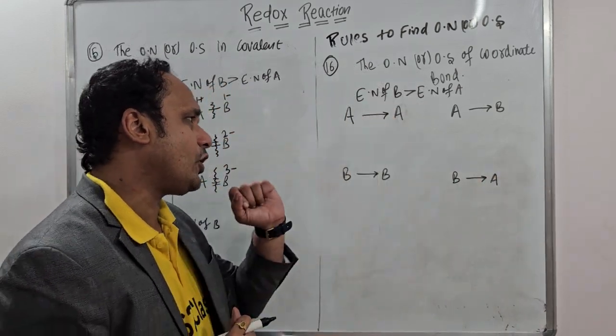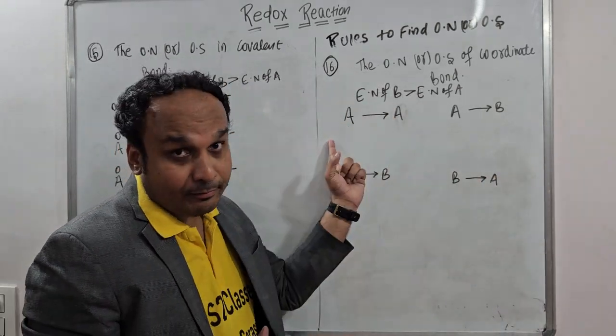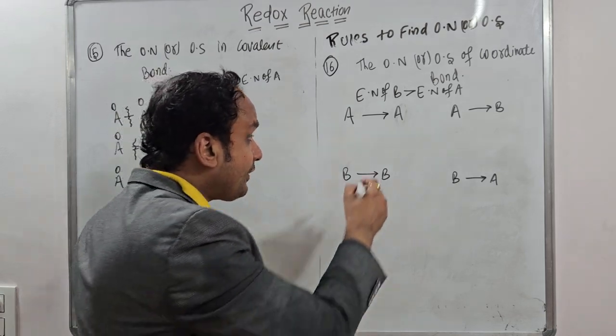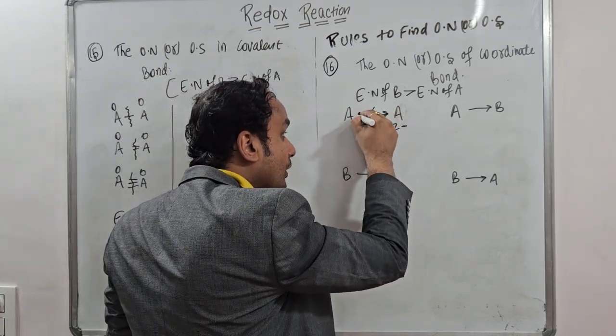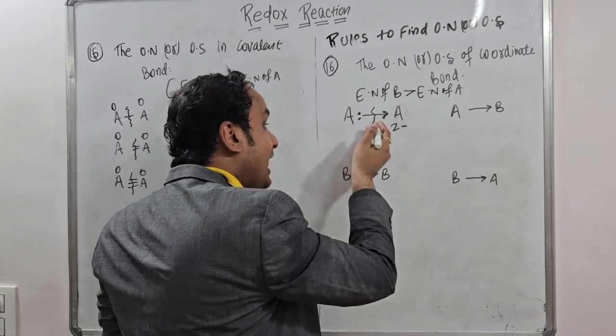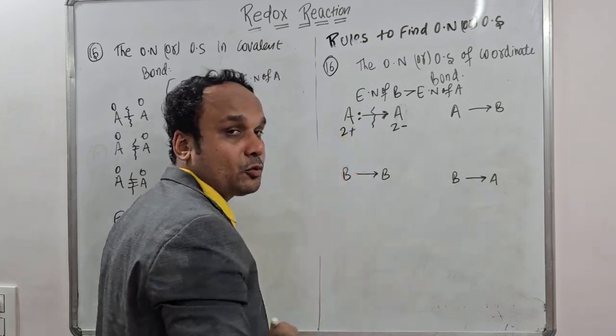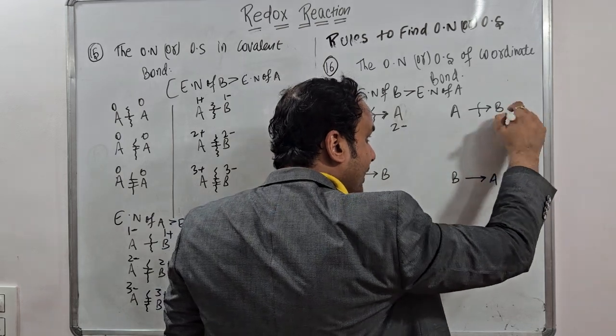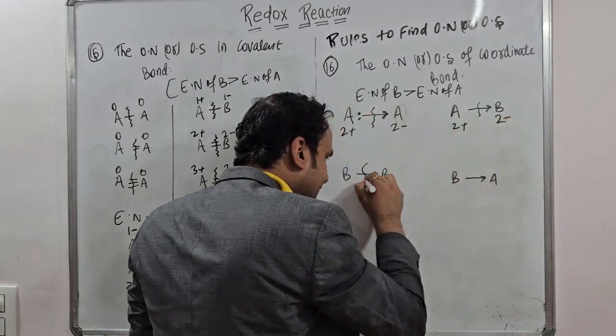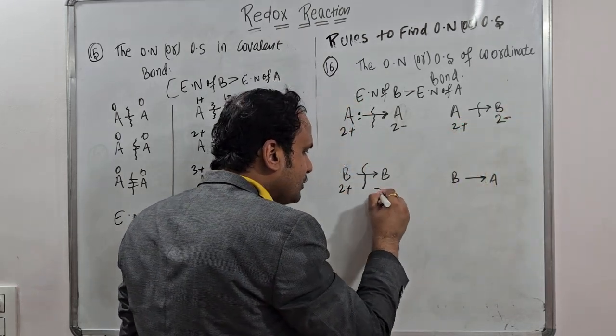Now in this coordinate bond, where the arrow is going, over there they will get 2 minus because 2 lone pair of electrons are giving the coordinate bond. And from where the arrow is going, we will get 2 plus. Over here again breaking, arrow coming over here, 2 minus, 2 plus. Same again 2 plus, 2 minus.